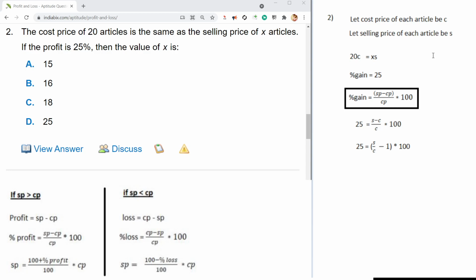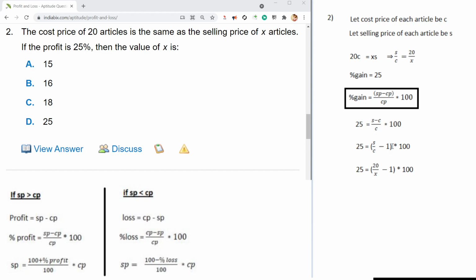From the previous equation, 20C equals XS. From this equation, we get S by C equals 20 by X. Substitute S by C equals 20 by X in the current equation. Then 25 equals (20 by X minus 1) into 100.